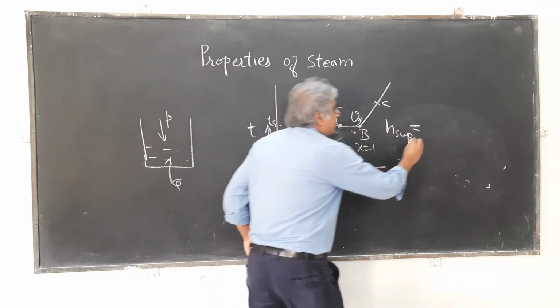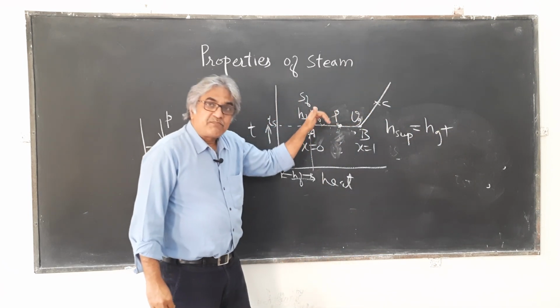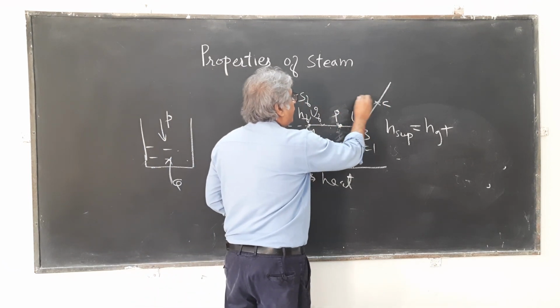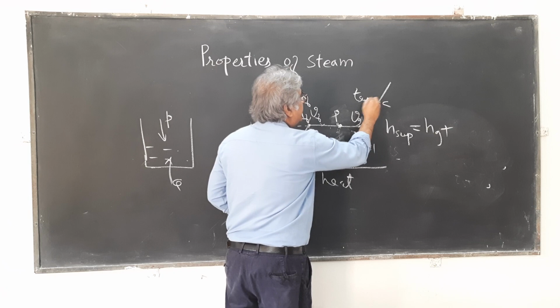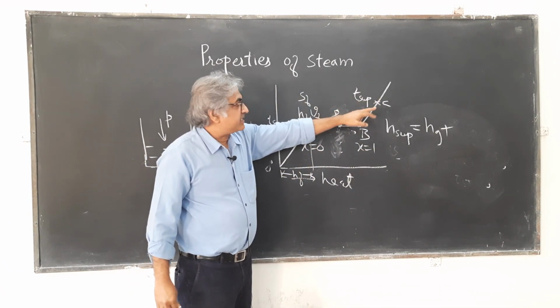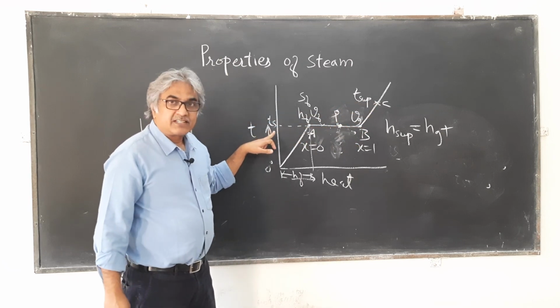So it is Hg plus you are adding heat so that the temperature rises. How much heat will be added? Let's say point C is T superheated, because the steam beyond saturated condition is superheated steam. The temperature here is Ts.